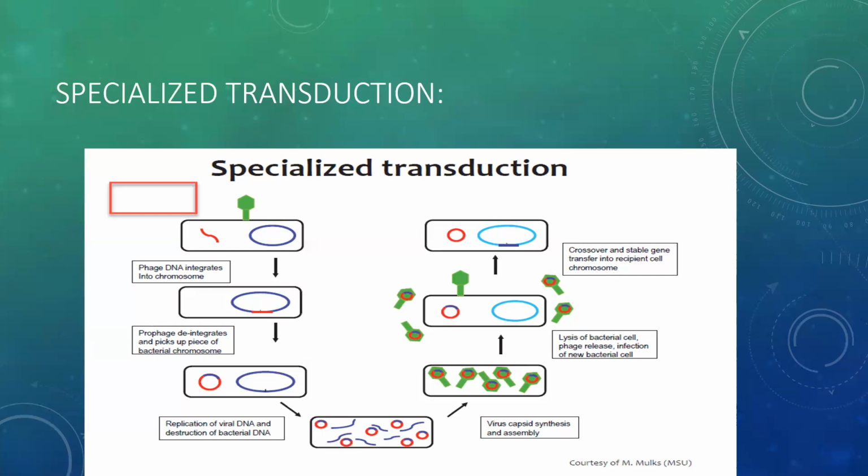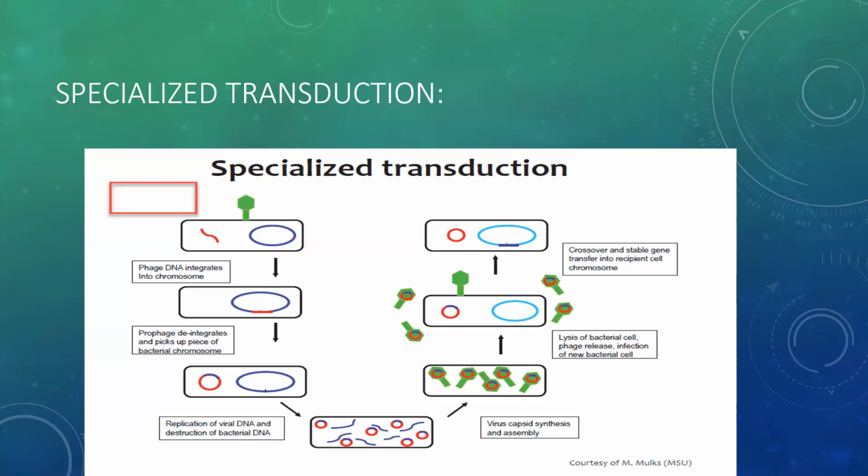You can see in the diagram, first the DNA integrates into the chromosome. Then in the next step, the prophage deintegrates and picks up a piece of the bacterial chromosome. Then replication of viral DNA and destruction of bacterial DNA takes place in the cell. Then the virus capsid synthesis takes place. After synthesis, the assembly of the capsid takes place.